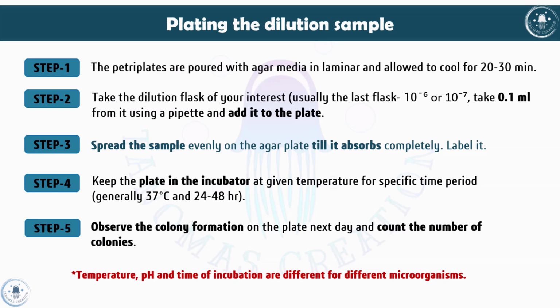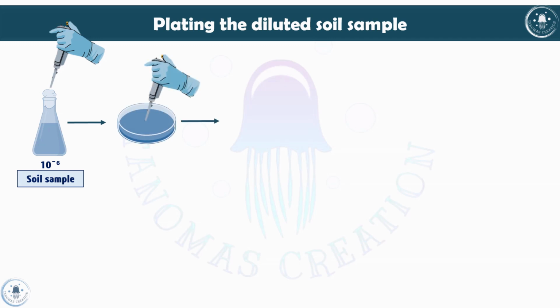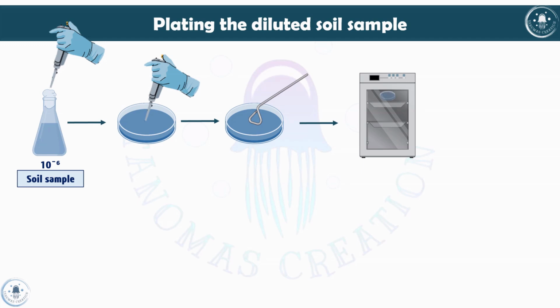After that, you observe the colony on the plate next day and count the number of colonies that you have on your plate. Okay, so if you see this image, this is the soil sample which we have. We have taken 10 to the power minus 6 dilution. What you do, you take 0.1 ml from this solution, you put it on the agar plate, and then you use a spreader to spread it properly on the media till it gets absorbed completely, and then you put the plate in the incubator at a given temperature and time, and after that you will observe the colonies.